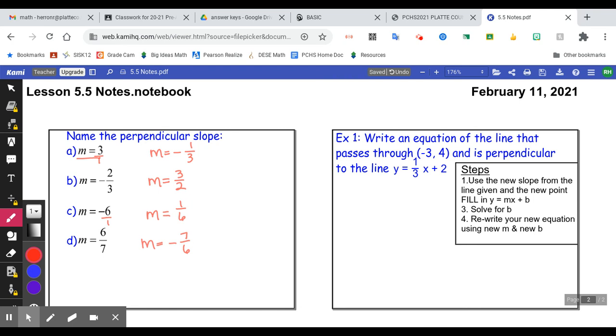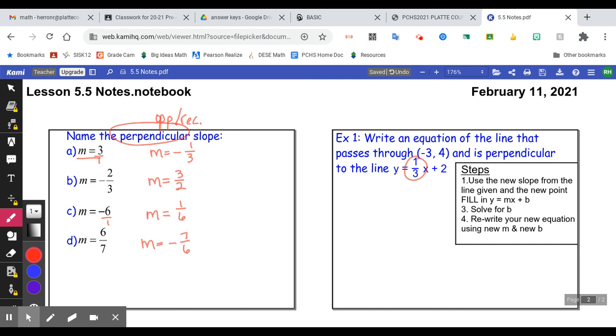Okay, perpendicular, opposite, reciprocal for the slope. Okay, so we're going to do the exact same thing for example 1 over here, only when we look at the slope they gave us, we have to write the opposite reciprocal for that.